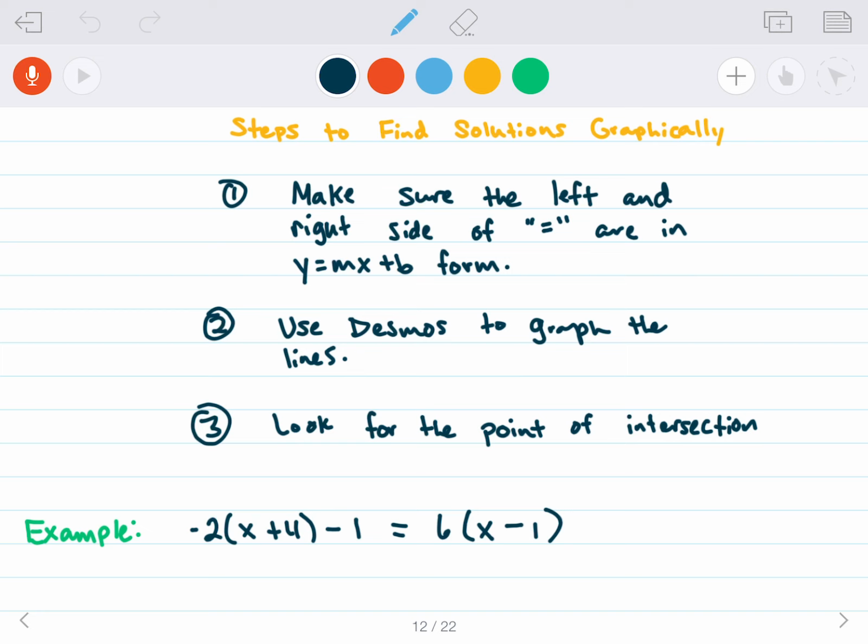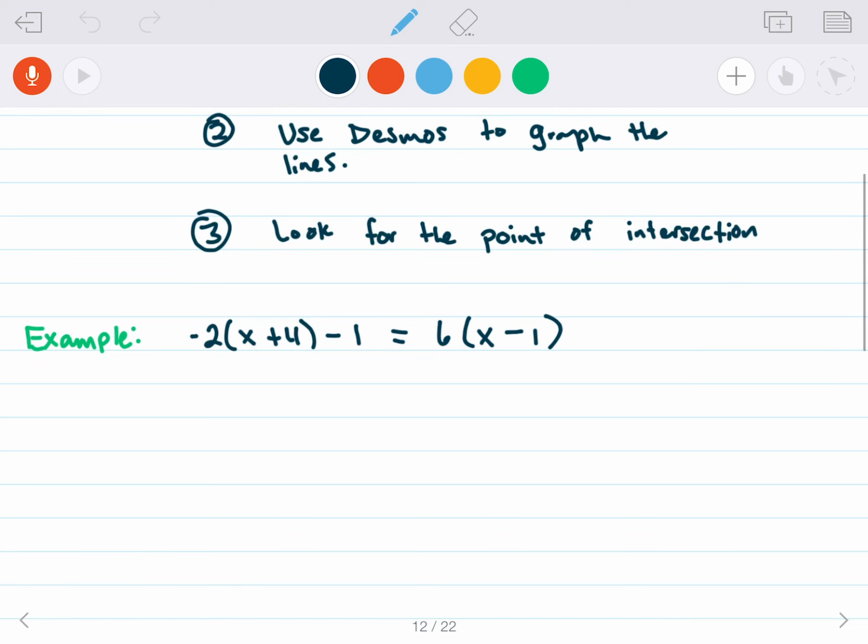Okay, so here are the steps to find solutions graphically. We're going to make sure that the left and the right side of the equal sign are in y equals mx plus b form, and then we're simply going to plug these two things into Desmos and look for the point of intersection. So for example, we have two lines. I know that these are lines, even though they're not in y equals mx plus b form.